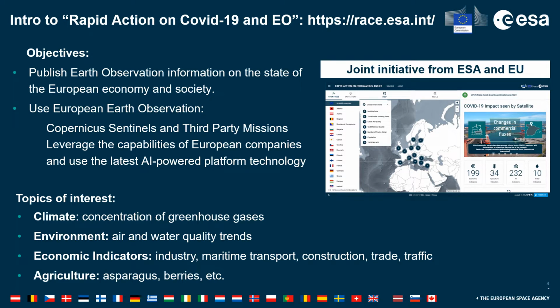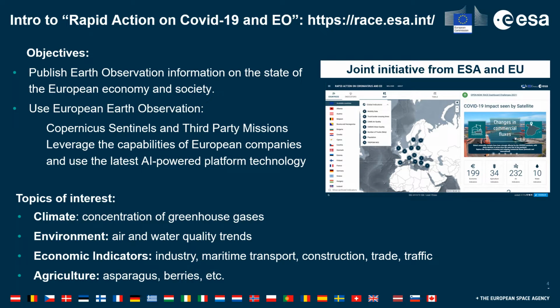First, to publish Earth observation information on the state of European economy and society. Second, to use European Earth observation, the Copernicus Sentinels, but also ESA third-party missions. Another objective is to leverage the capabilities of European companies and to use the latest AI-powered platform technology.